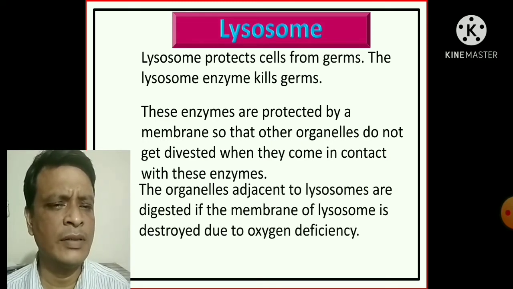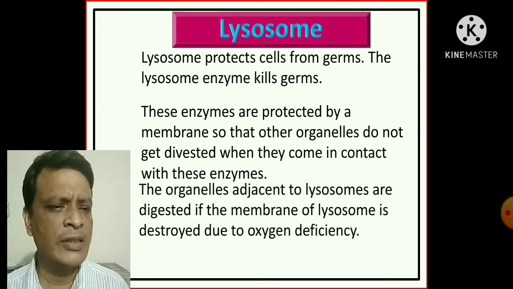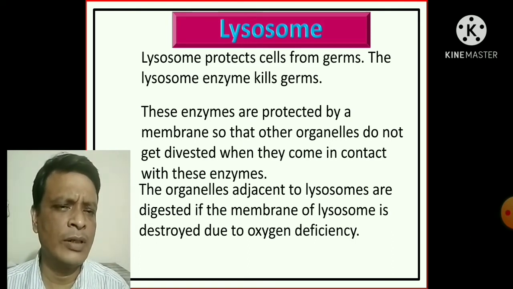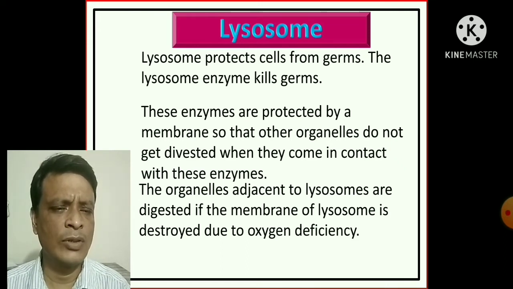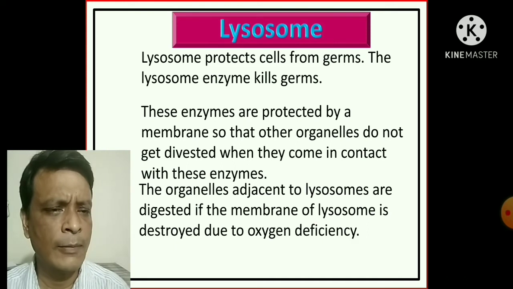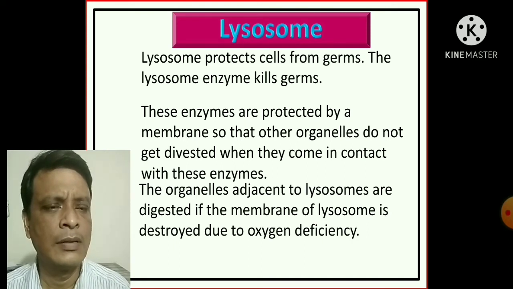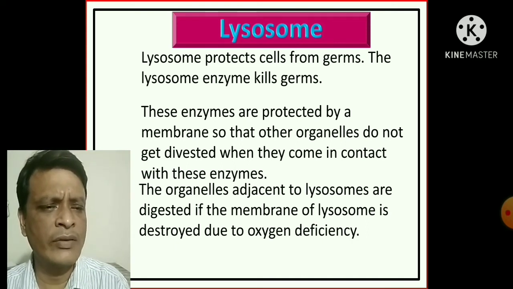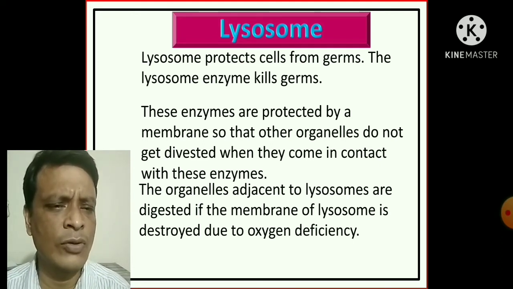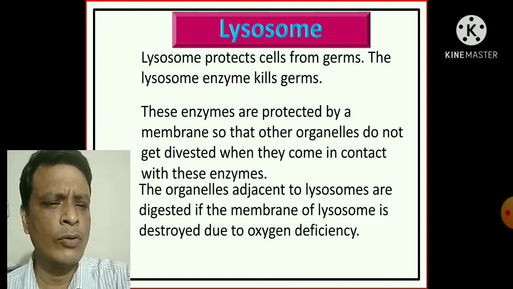The organelles adjacent to lysosomes are digested if the membrane of the lysosome is destroyed due to oxygen deficiency. Actually, this is a very important cell organelle which is involved in killing any types of germs, and it can digest all other cell organelles if there is a deficiency of oxygen, and this process is called autolysis or autophagy.